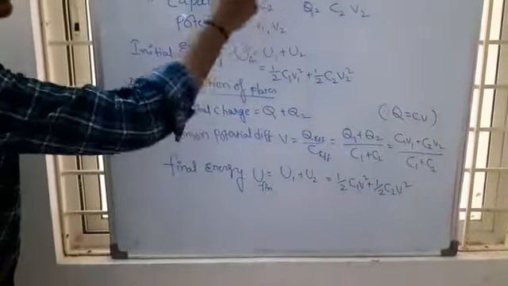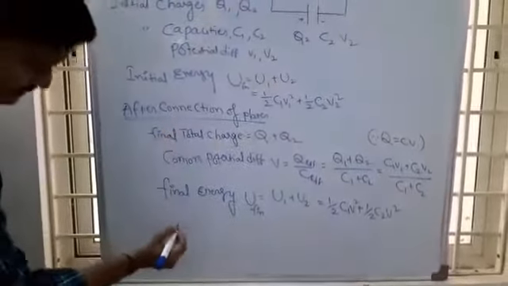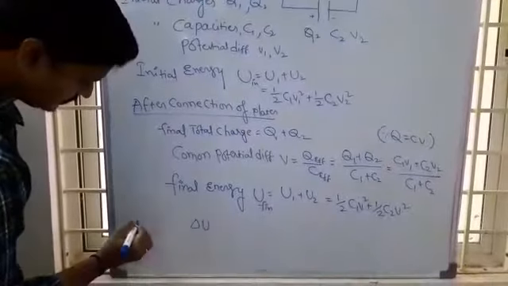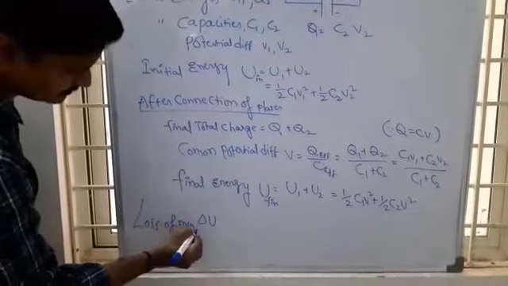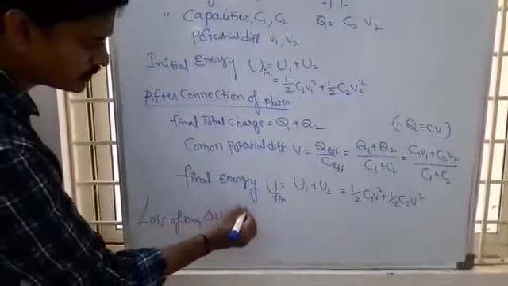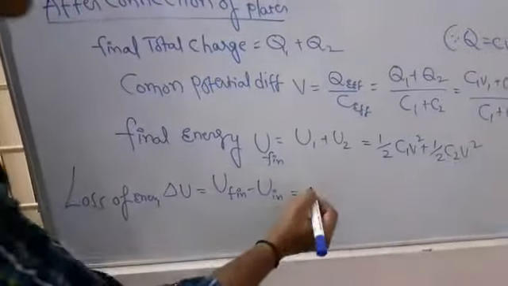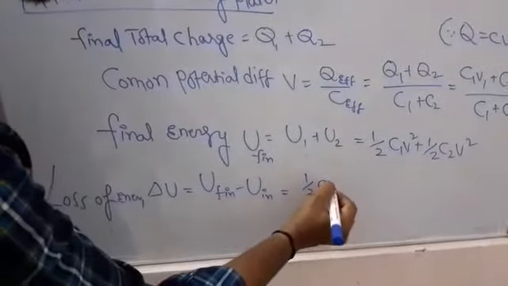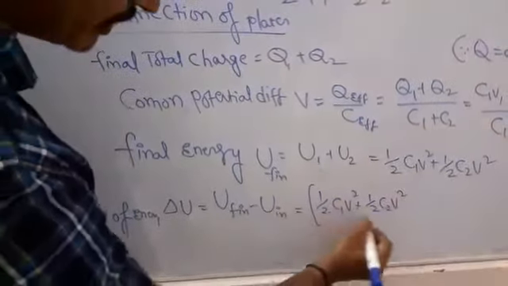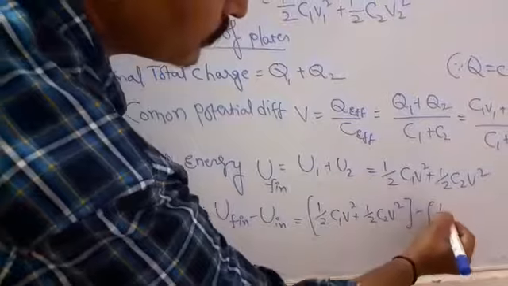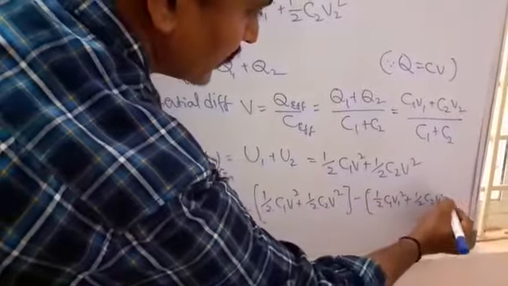Then loss of energy. How much energy will be lost due to transferring of charge? So delta U is called the loss of energy. Delta U is equal to final energy minus initial energy. Therefore, half C1 V square plus half C2 V square, minus half C1 V1 square plus half C2 V2 square.